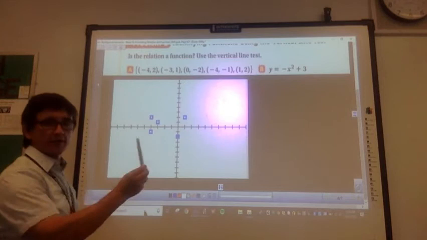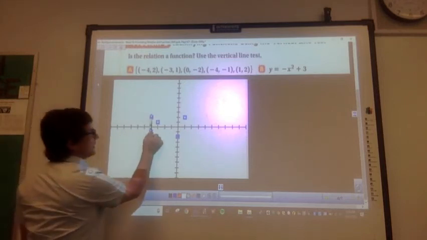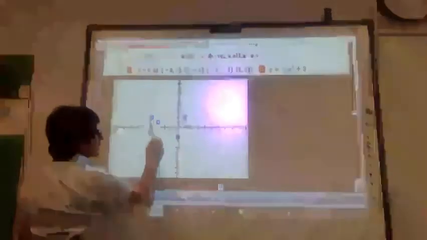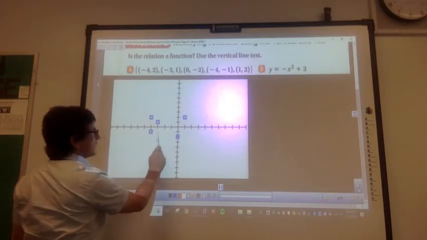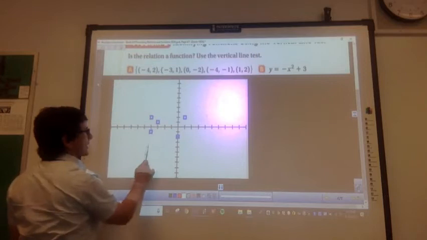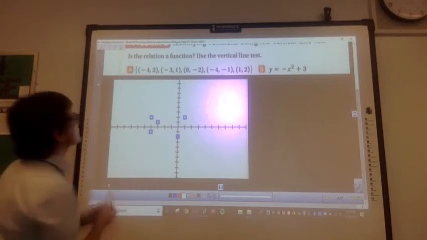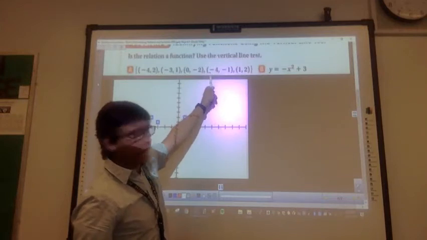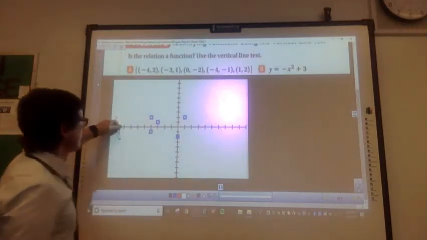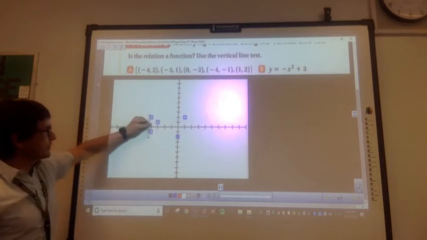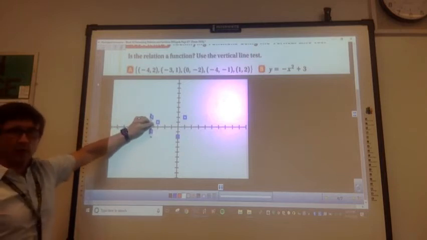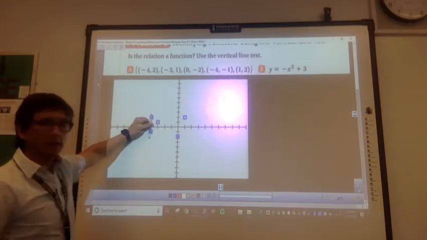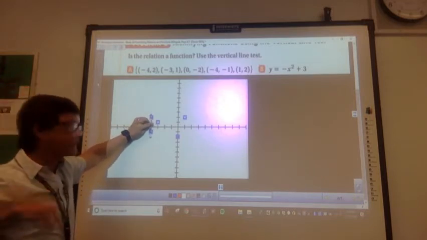So when I pass a vertical line over this function, I hit it in 2 places right here. That means this x value of -4 repeats. And if I look up here to confirm, indeed, the x value of -4 does repeat. So if we take a vertical line and pass it over the function and it hits 2 dots, or it could be a curve, it could hit that curve in 2 places as well.